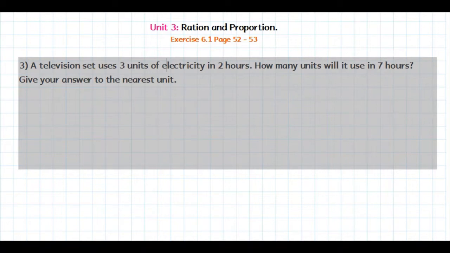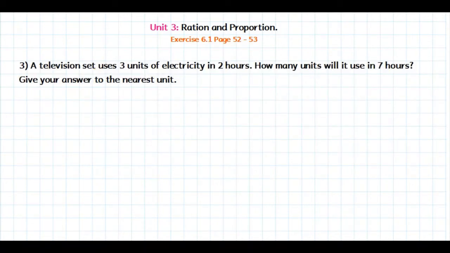So first we are going to decide the method that we are going to use. I think that we should use the unitary method, okay? So I know that in 2 hours the television set uses 3 units of electricity.